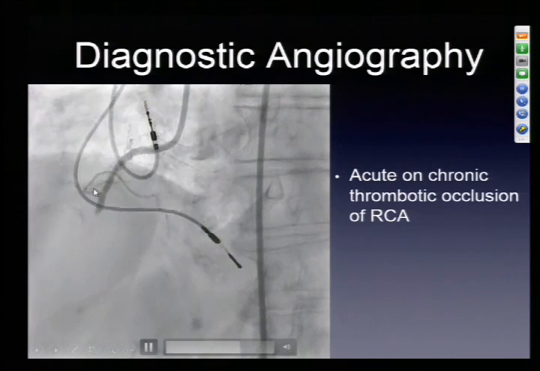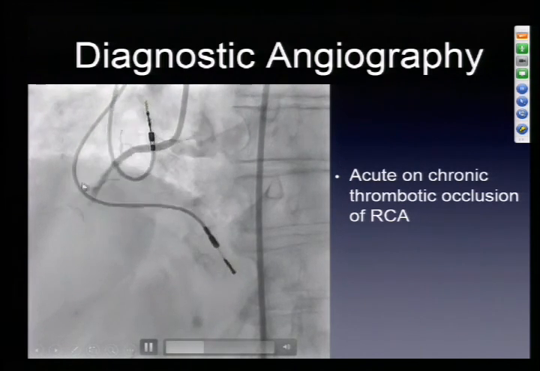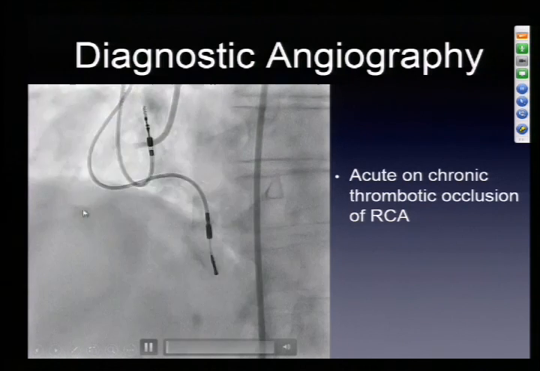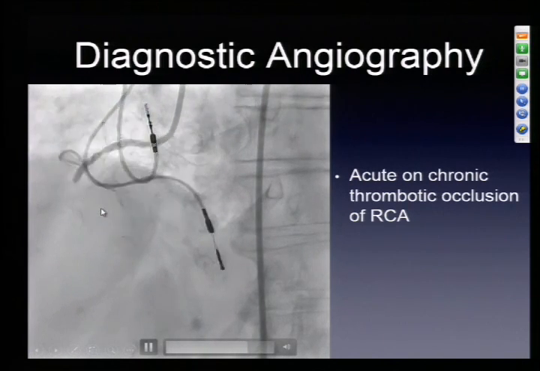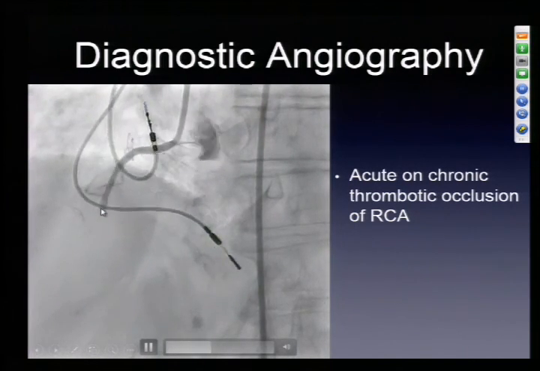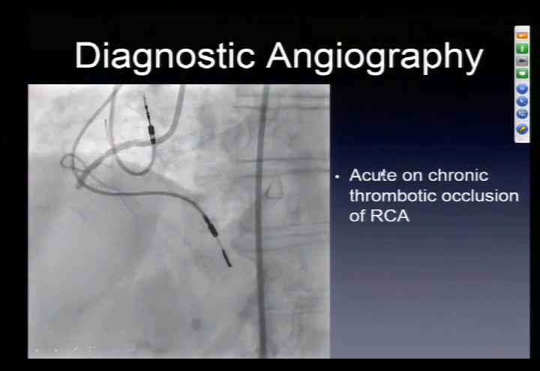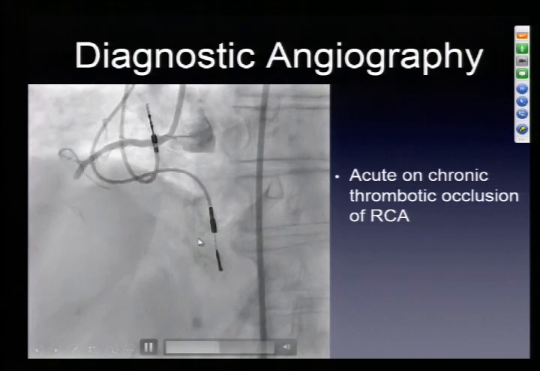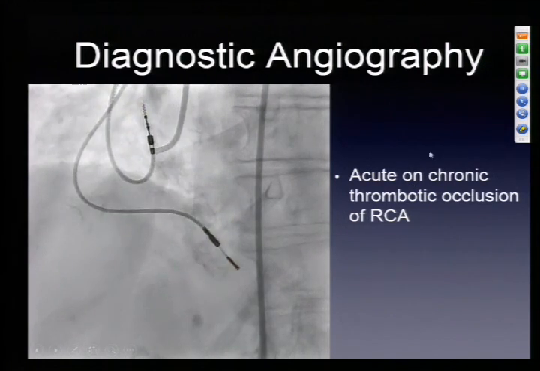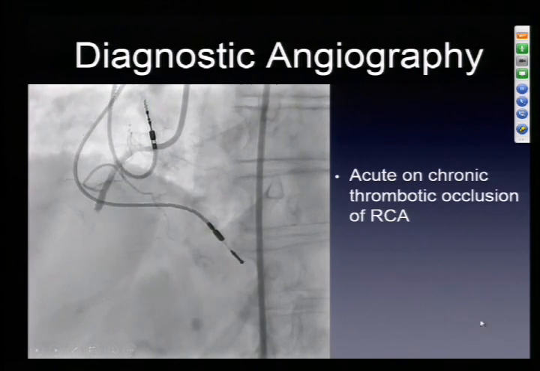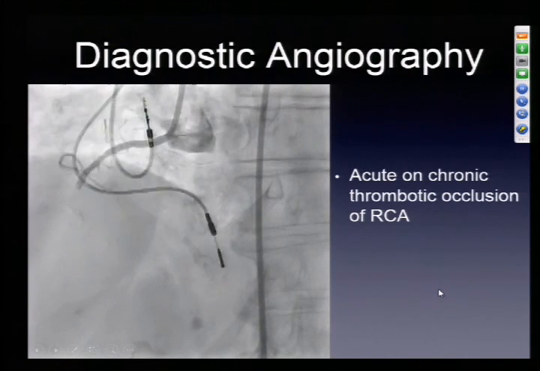So that is very suggestive of a large amount of thrombus right here. And we see that there's an acute closure of the mid right coronary artery here. And we think that there's some chronicity to it because of the collateral flow and the distal vessels already being filled in a retrograde fashion from these bypass channels over on the other side.